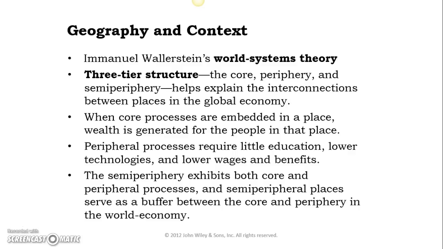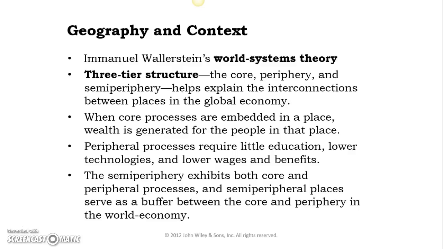And we've got the global core. Okay, and these are our wealthy countries. And these are countries that are more developed. Then we've got the global periphery, and these are our poor countries, and they're underdeveloped. Okay, so they're developing. And then we've got the semi-periphery, which shows some of the traits of the core.